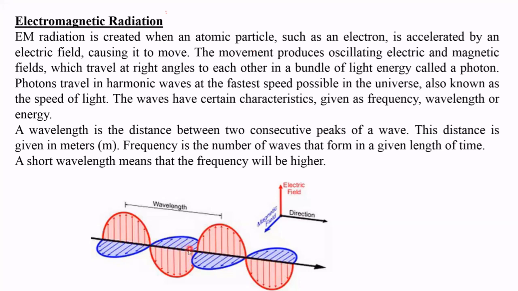The movement of the electron creates two fields, the electric field and the magnetic field. These two fields are maintained at an angle of 90 degrees, at right angles to each other, and travel along with the electron in a bundle of light energy called a photon.